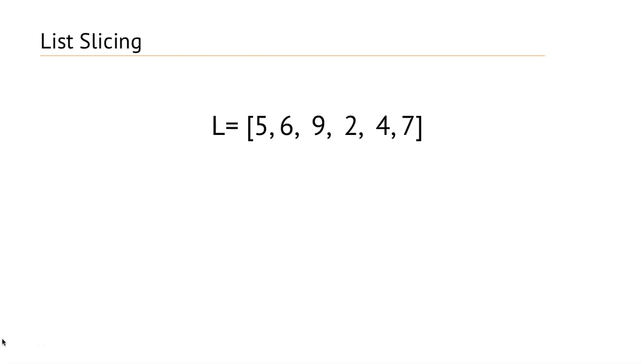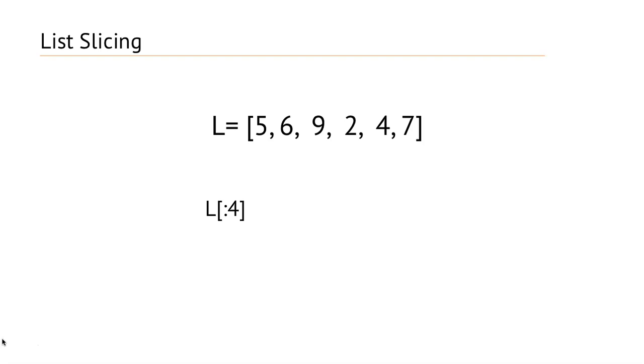Now let's take another example where we'll see that we can leave out the start and end value. Like here L of :4, we have left out the start value. That means the range will start at the first item.